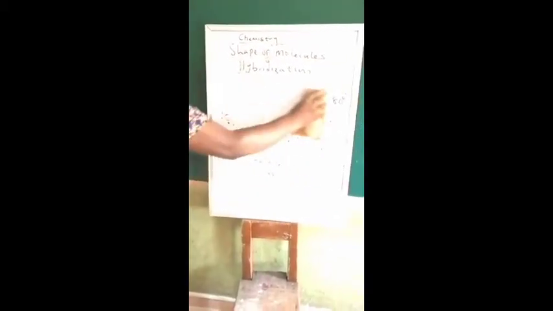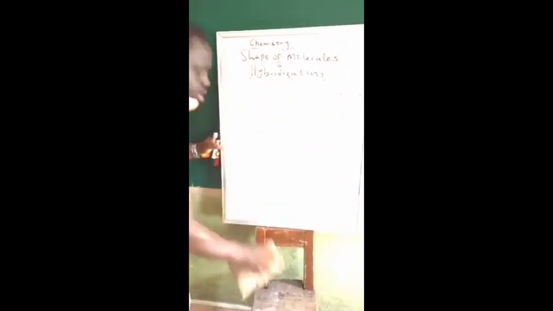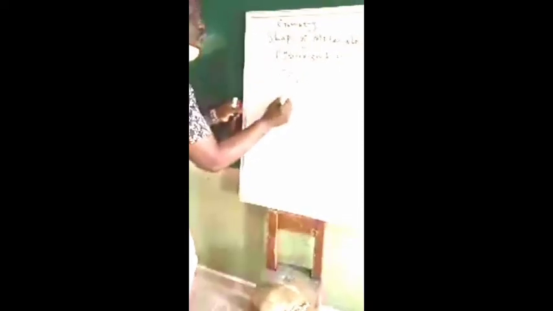Now, we come to something like CO2 and SO2. It can be so confusing to students. Here you have CO2, here you have SO2. They are not of the same shape, but they are going to have the same hybridization.